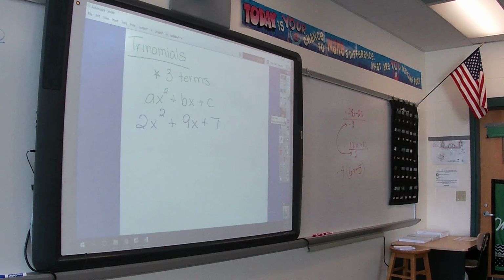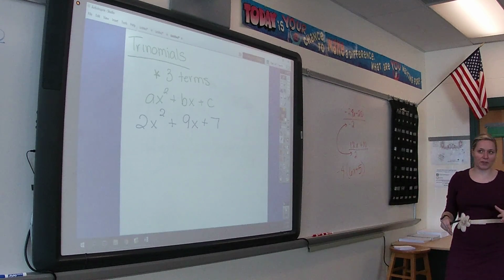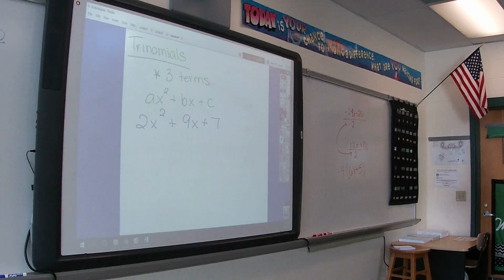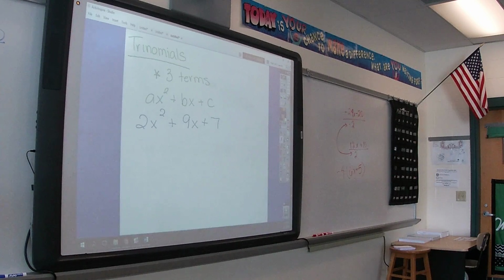So we can factor this as a trinomial. Now here's the catch. We can't actually factor things with 3 terms. So we're going to use some very specific steps that help us rewrite this into 4 terms. And 4 terms we know how to factor, because that's our factoring by grouping.